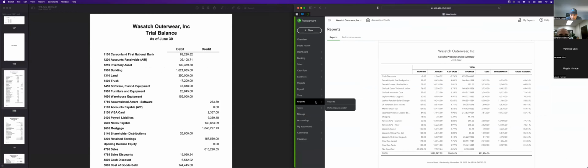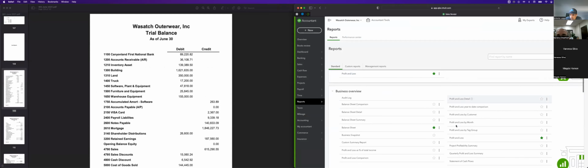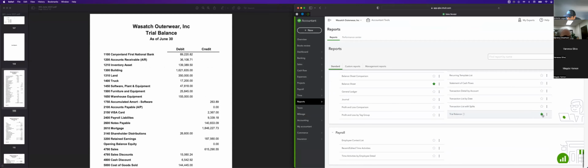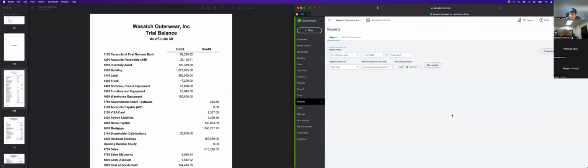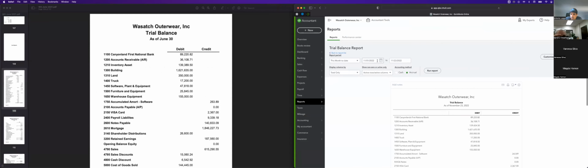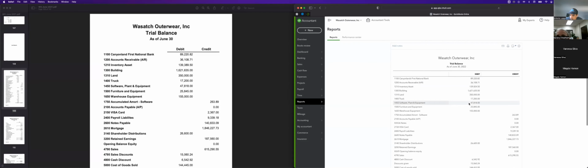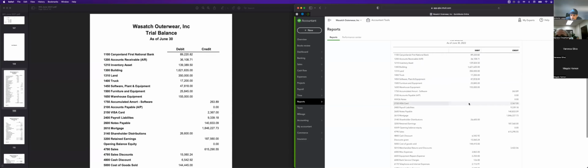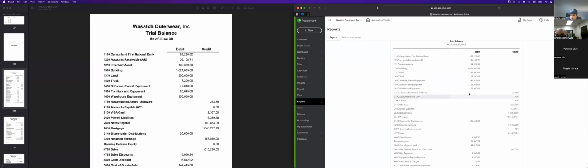Did you say your trial balance was off too? Yes, and I fixed that one using a journal entry. I just went ahead and flip-flopped the two so that it's right.